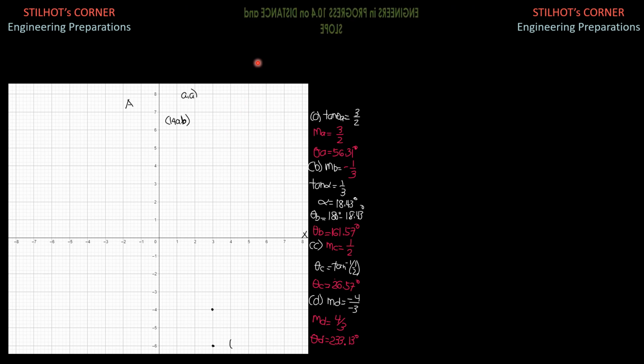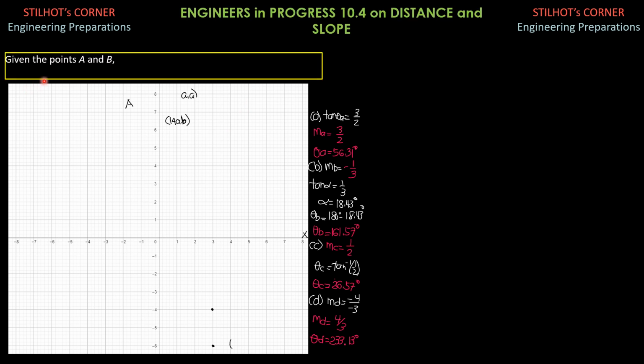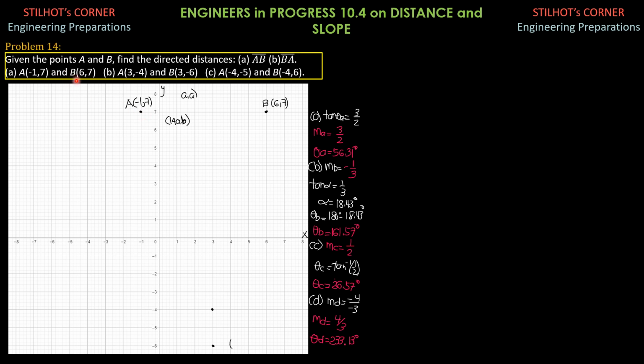Problem 14. Given the points A and B, find the directed distances AB, BA, and these are the coordinates of A and B. We have three cases here. So let's locate negative 1 comma 7, which is here, and B 6 comma 7, which is there. So direction A to B is to the right, so expect that directed distance AB is positive, while directed distance BA would be negative.